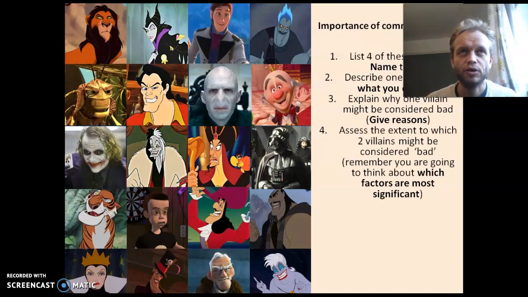Assess. Assess is going to be your 8-mark questions. So there are 2 types of 8-mark questions, assess and then evaluate, and we'll talk about that in a minute. But assess is looking at weighing up the significance of things. So you might say, Captain Hook is bad because he tries to capture the lost boys, and that makes him bad because obviously we want children to have freedom and so on.